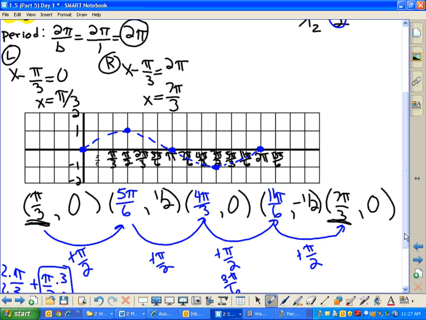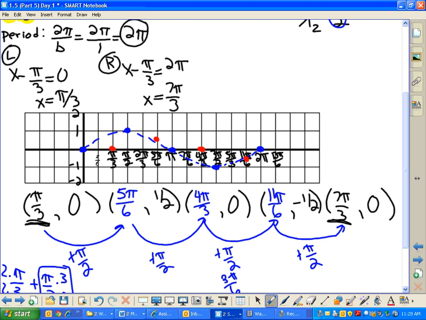So I got to graph pi over 3 comma 0. 5 pi over 6 up a half. 4 pi over 3 comma 0. 11 pi over 6 comma negative a half.